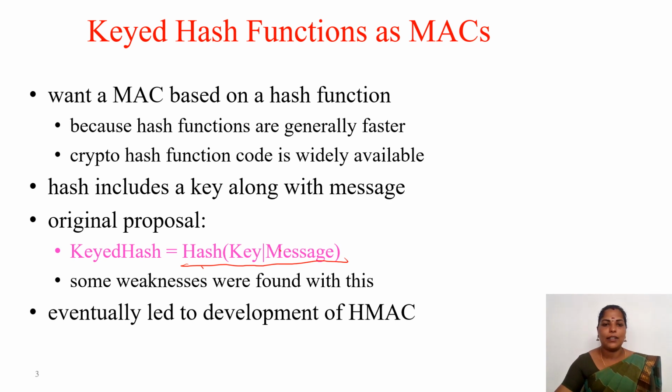Generally in the hash function we only give the message, but here we use both the message as well as the key. But there were some weaknesses in this keyed hash function. So only that makes it a base or foundation for HMAC, that is MAC based on the hash function. So let us see how this MAC is implemented.